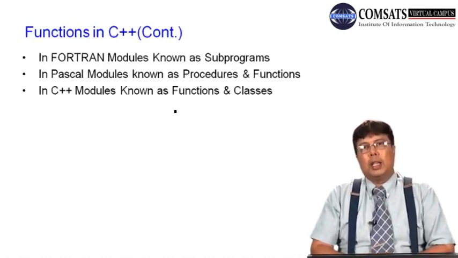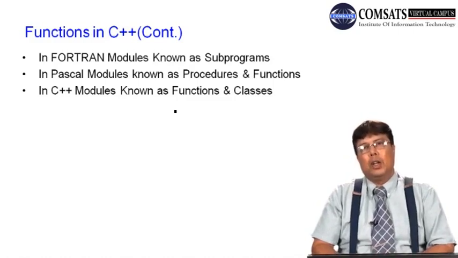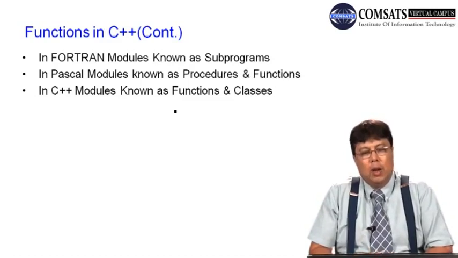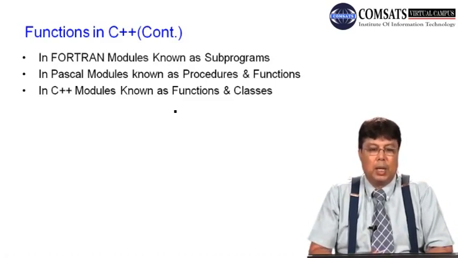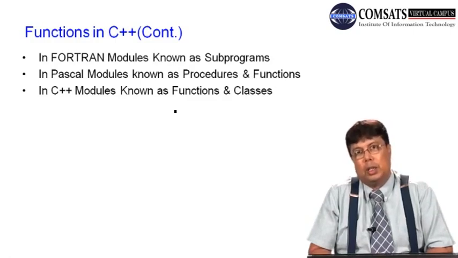हमने कहा था कि ये functions क्या हैं? These are called modules. थोड़ा सा अपने आप को further educate करते हैं कि different languages में इन functions को different नाम assign किया गया है. For example, in Fortran language we call it sub-programs or subroutines. In Pascal language we call it procedures or functions.